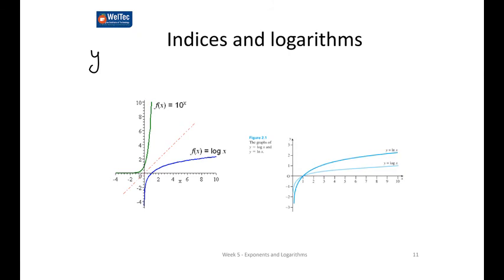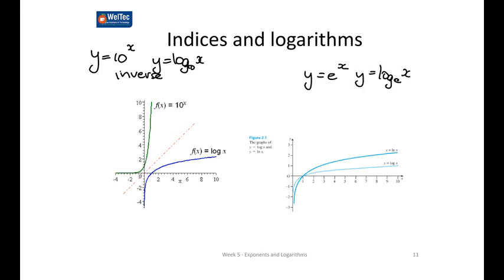y equals 10 to the power of x and y equals log to the base 10 of x are inverse functions. Similarly, y equals e to the power of x and y equals log to the base e of x. They are also inverse functions.